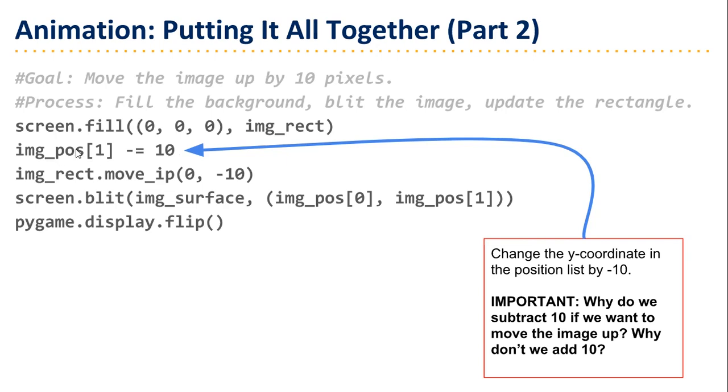I don't have to know that it was previously at 200 or ask Pygame to retrieve that information for me. I just know that it was stored in the variable image position, and if I want the y-coordinate, that's item 1 of this list. So I retrieve the y-coordinate, and then I change it by 10, and it will update automatically in this list.